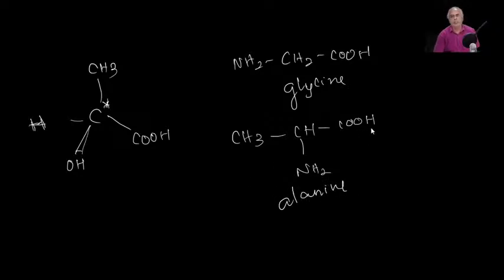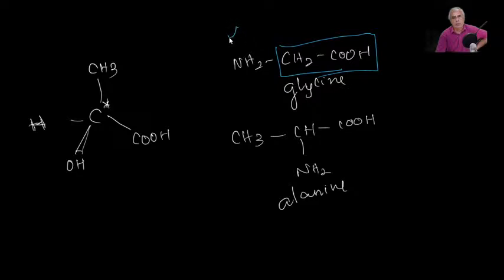Alanine, this is the IUPAC nomenclature. What do you call this one? Acetic acid or ethanoic acid. So in ethanoic acid, in the second position, amino is joined. So this is called 2-amino ethanoic acid. By trivial name, alpha amino acetic acid.